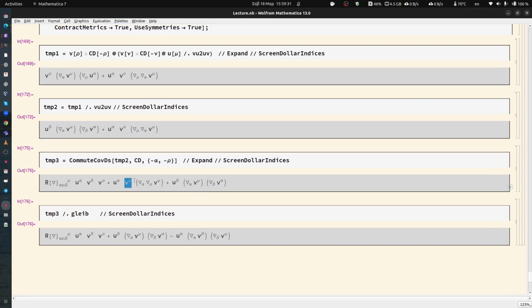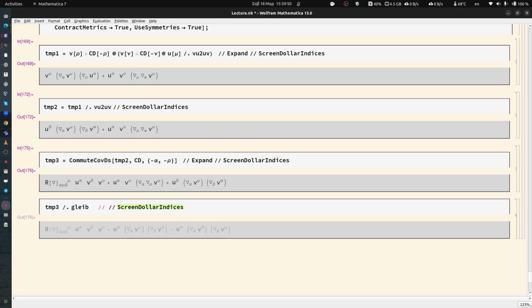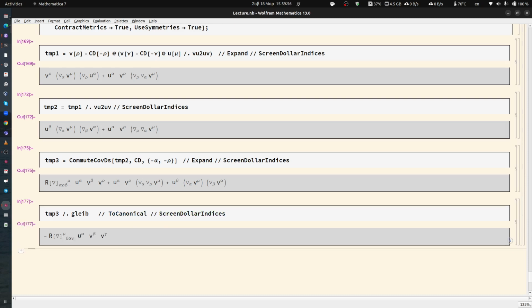So this is where v d dv lies, and it has been replaced by its equal here. And then by applying to canonical, I obtain this.